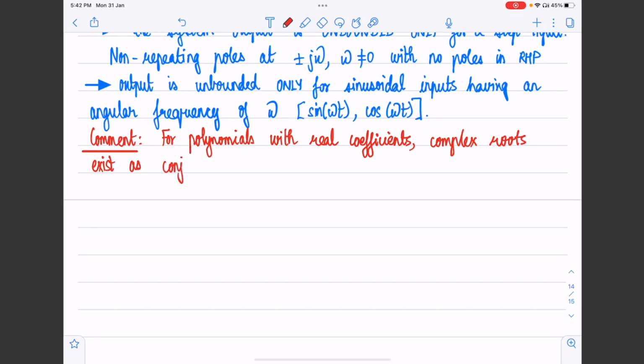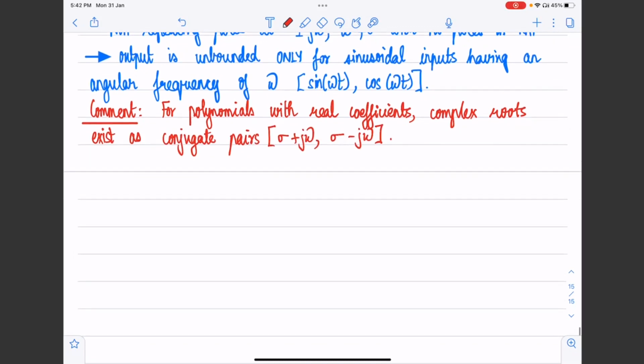What do I mean by that? We can have complex roots for polynomials with real coefficients, but they should occur as conjugate pairs. For example, if we have sigma plus j omega as a root, then sigma minus j omega also should be a root.